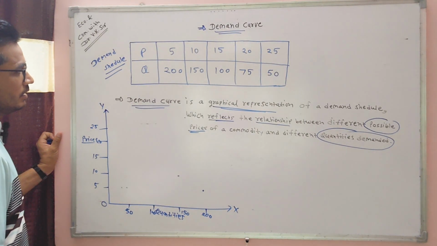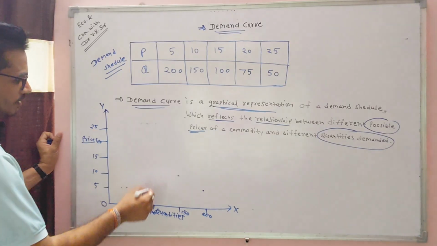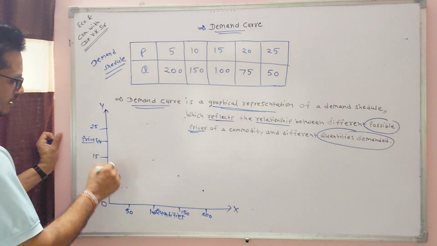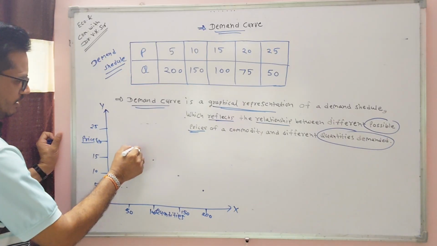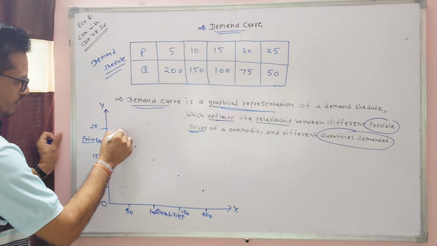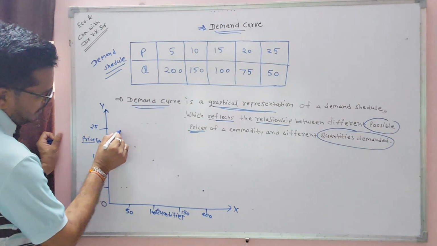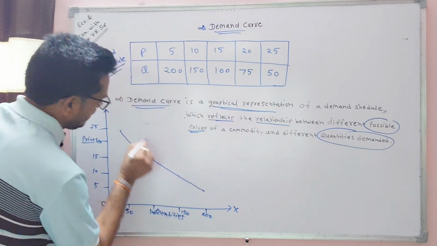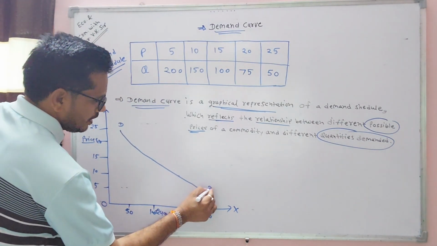And after that 15, there is demand 100. After that 20, there is 75, and at 25, 50. We draw a line, and that is the demand curve.